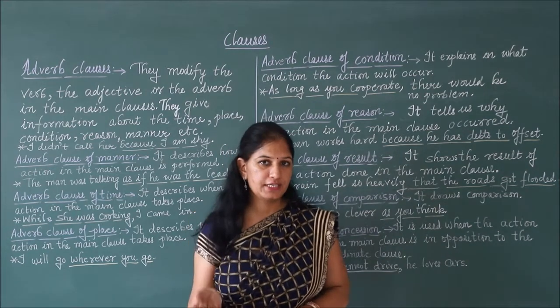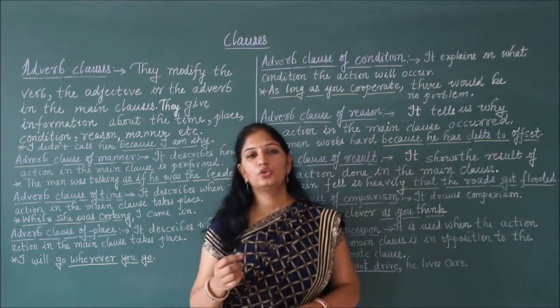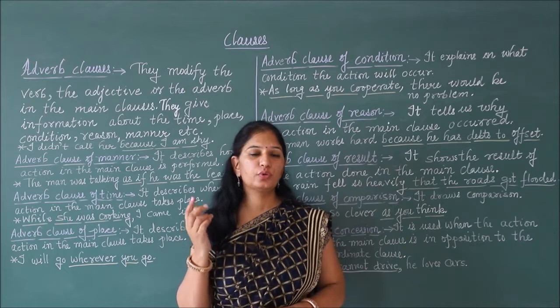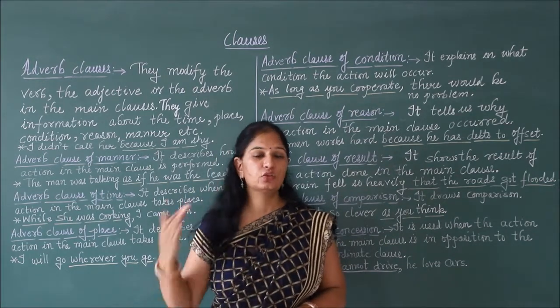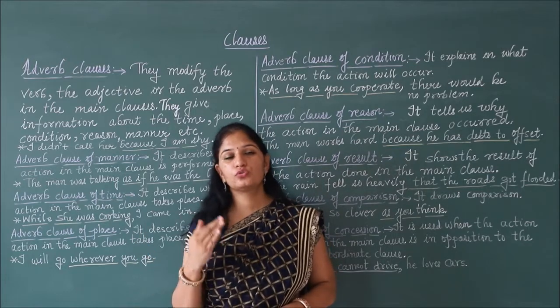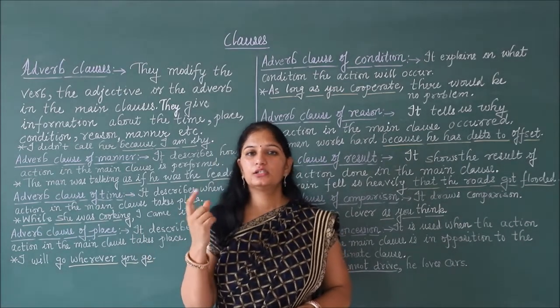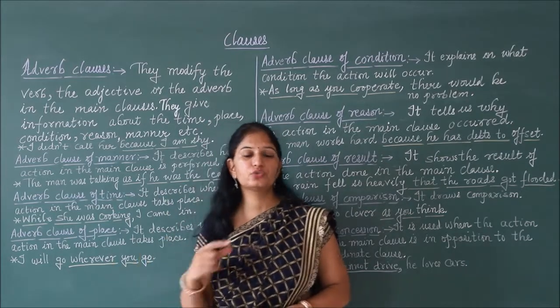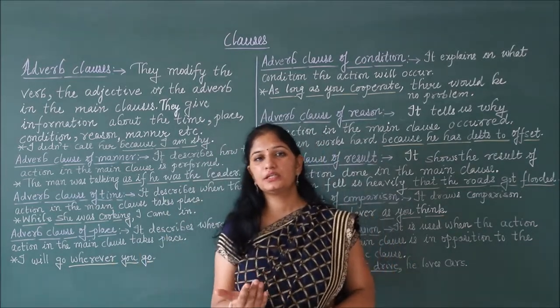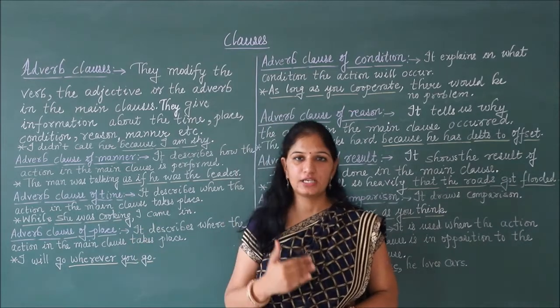Let's have a small recap of this topic. Clauses. Clauses are the group of words which contain a subject and a verb at least. So clause is a group of words which have a subject and a verb of its own. It can exist independently or it can be a part of a sentence.